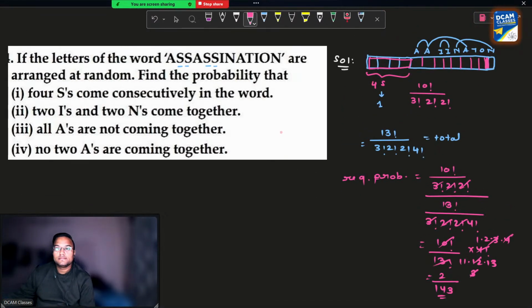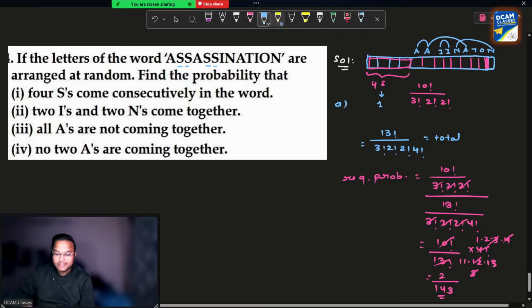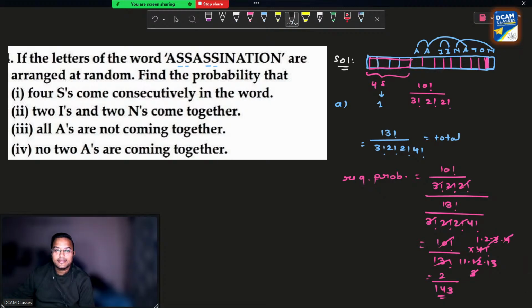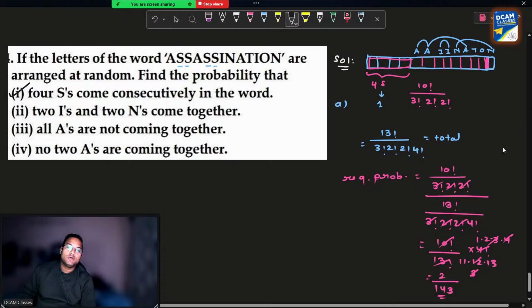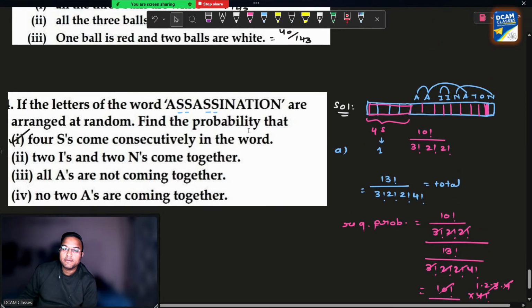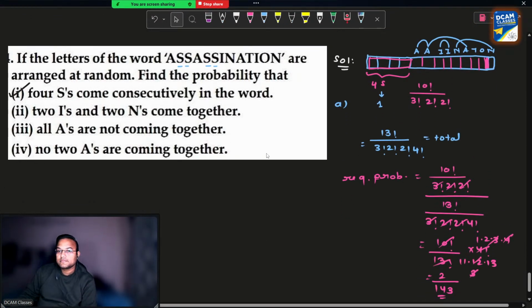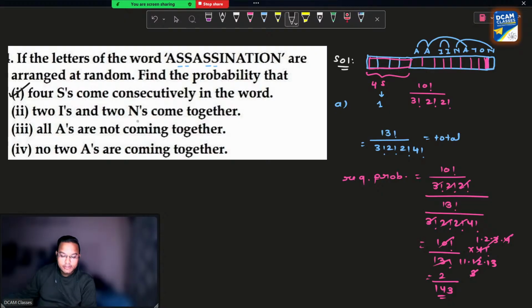So then I messed it up. Then you messed it up, the next 3 problems I messed up. 2 I's and 2 N's come together. I'll give you the idea. 2 I's and 2 N's are coming together, that means you have to take them as a single quantity.